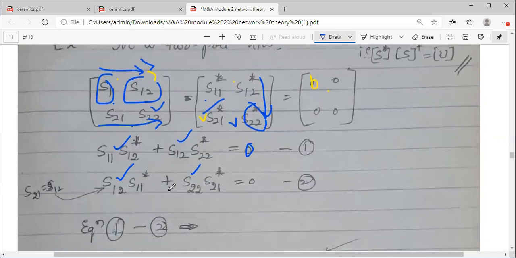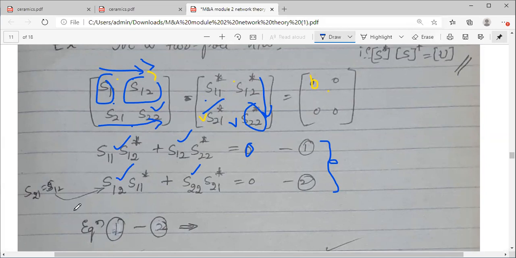Further, you can even simplify this, that is using the symmetric property. What I have done here, if I subtract these two equations, this itself is one example, but I'm just extending the analysis and showing you how you can find the values.